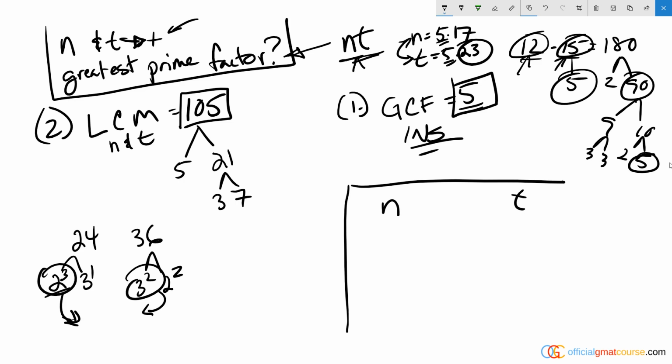We have to have every prime factor that occurred in either of the two numbers, and we want the largest exponent attached to those prime factors. So we don't care about the 1 and we don't care about the 2 attached to the 2 and the 3. We only want the largest ones.